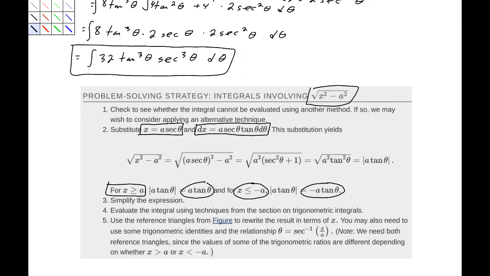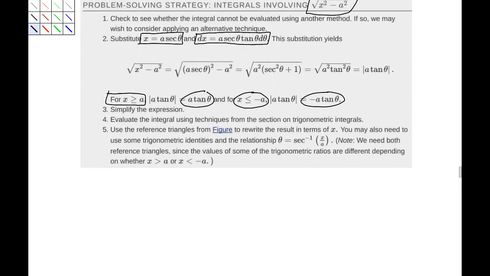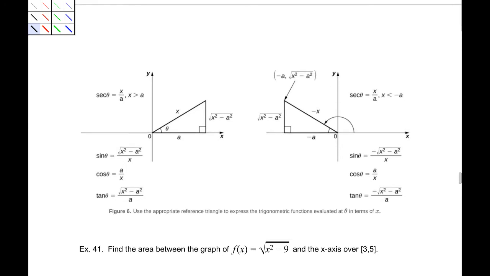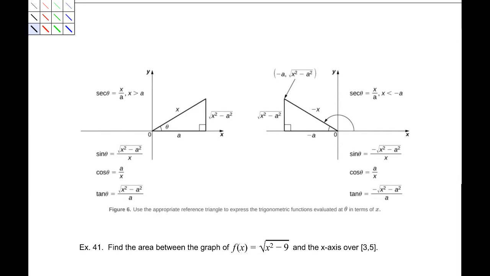Okay. I believe both of our examples are going to have a positive tan, but that is worth noting. So be careful about the domain that we are looking at. So these are going to be given. And there are two example reference triangles based on the absolute value. There are two versions of that.